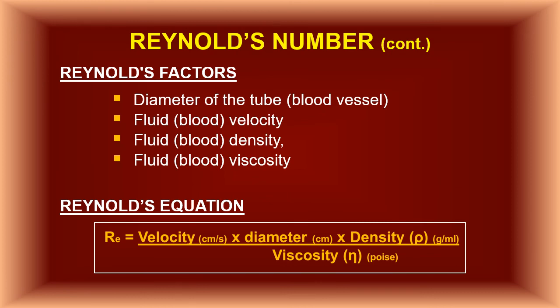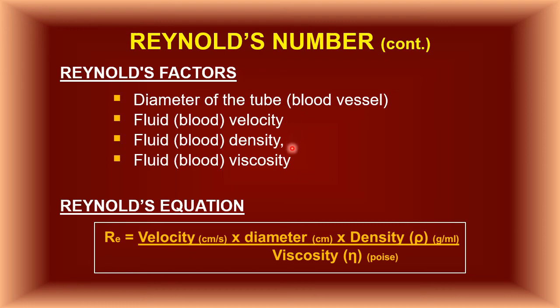So we mentioned the Reynolds number. What is this Reynolds number? It depends on the diameter of the vessel. The wider the vessel, the higher the turbulence, the higher the number. The fluid or blood velocity: higher velocity increases the chances to get turbulent flow.